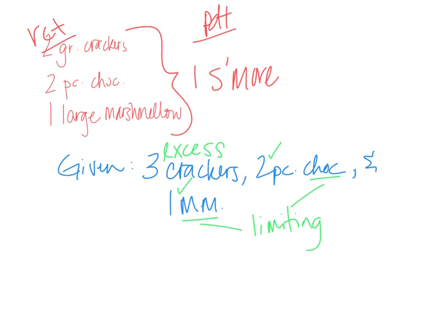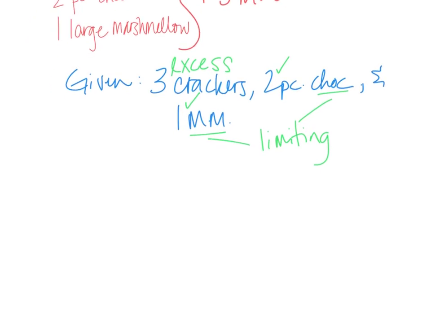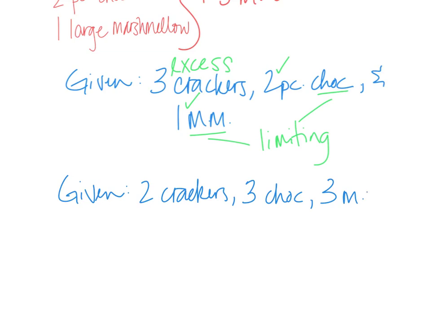Okay, so let's look at this in a different way. Let's say that I am given, okay, so this time I'm given 2 crackers, 3 pieces of chocolate, and 3 marshmallows.